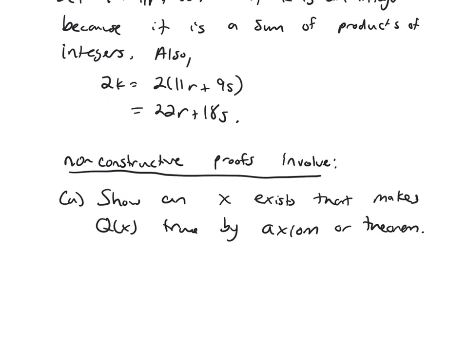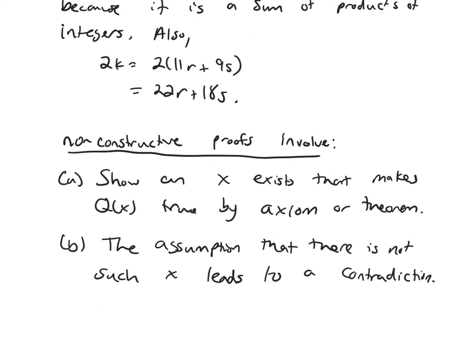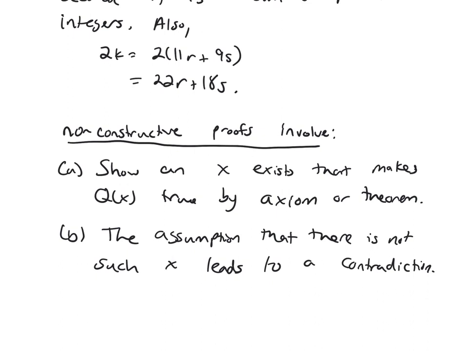So somehow there's some kind of previous result that tells us that an x has to exist, or maybe the assumption that there is no such x leads to a contradiction. So this is the idea of a proof by contradiction, which we'll talk more about later.